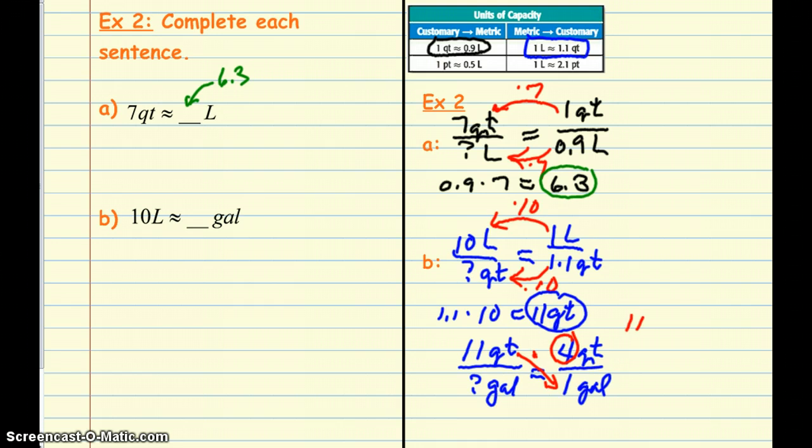We do 11 times 1 is 11, and then divide by the number we haven't used yet, which is 4. That gives us 2.75. So we went from liters to quarts, and then from quarts to gallons. We have figured out that 10 liters is approximately 2.75 gallons. So that's units of capacity.